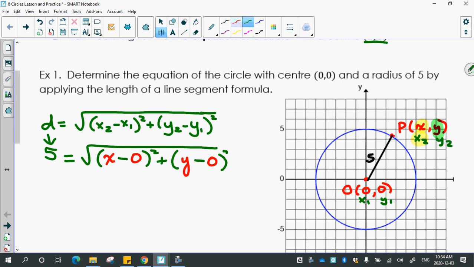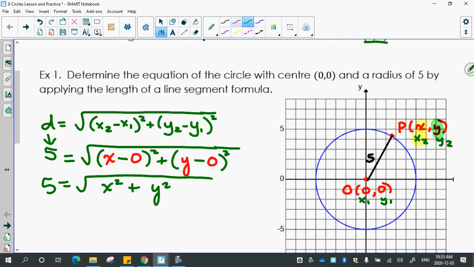And then that's squared. Then I've got 5 again. But the nice thing about x minus 0 is it's just x. Is everybody good? X minus 0 is just x. But it's being squared, so I have x squared plus y minus 0, which is just y. So y squared.